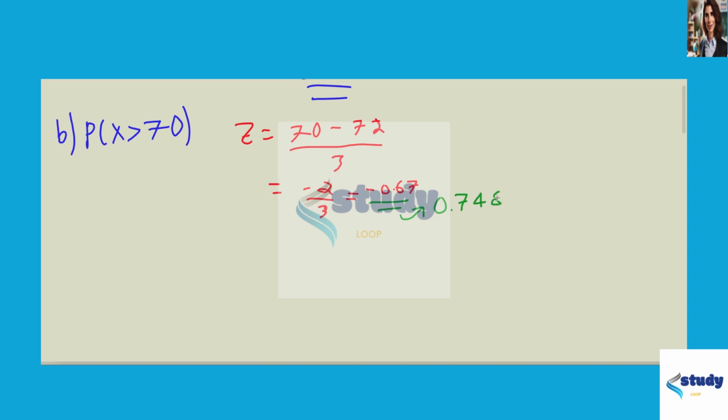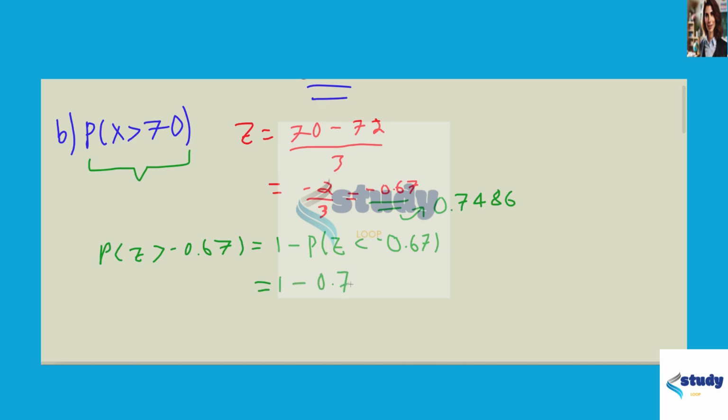And rewrite this in terms of z to get the probability that z is greater than negative 0.67 is equal to 1 minus the probability that z is less than negative 0.67, which is equal to 1 minus 0.7486, which is equal to 0.2514. And that is our final answer for part B.